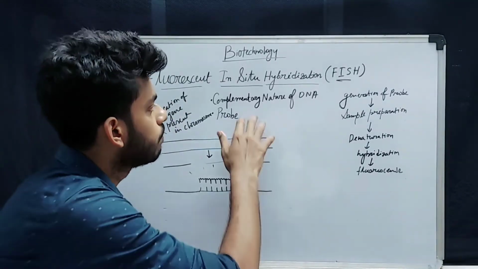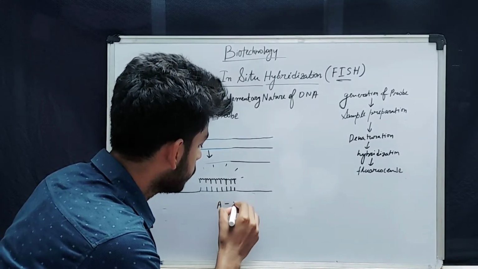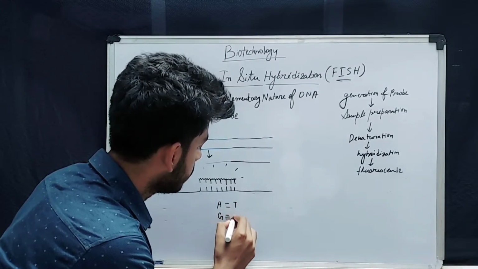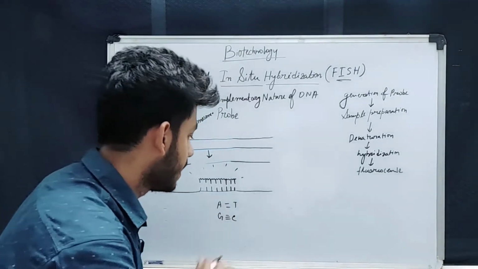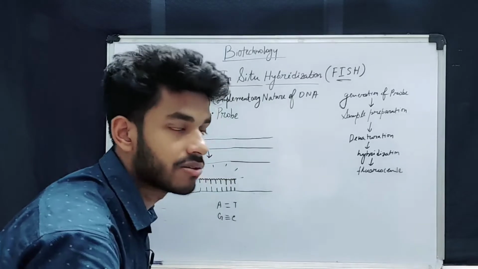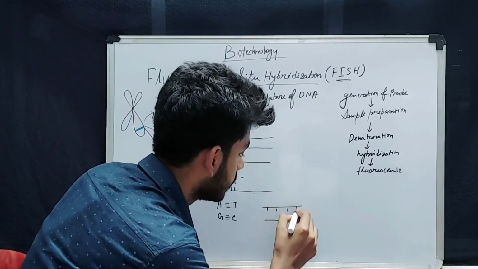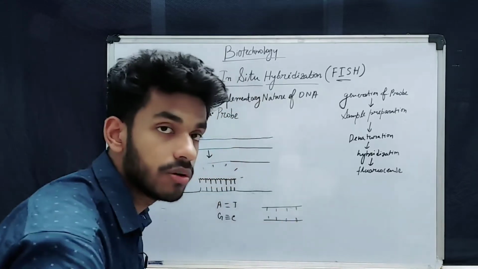These concepts are, first, the complementary nature of DNA. You know that A is complementary to T and G is complementary to C. If I take an example of a DNA strand, you know that DNA is double-stranded. So there are two strands present, with a certain number of nucleotides.